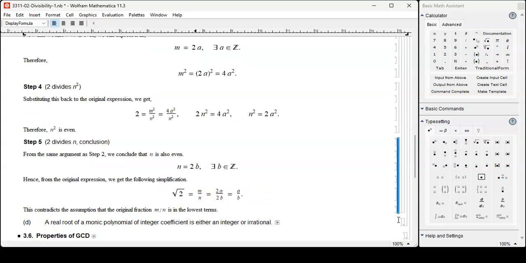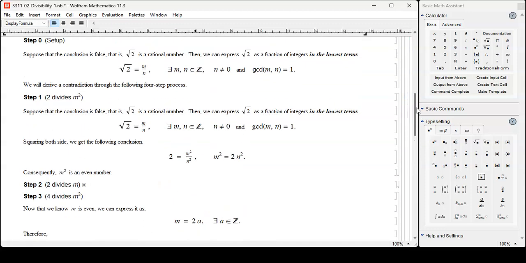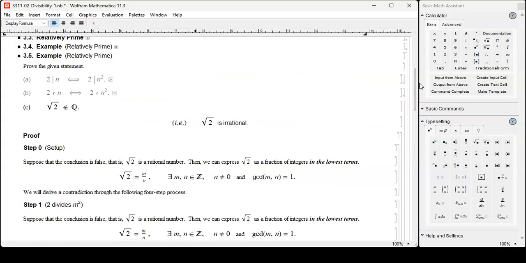Therefore, n is even as well. So what do we get? We get m even and n even. So we ended up with another fraction that is reduced even further. And there goes the contradiction, because we started from the lowest terms. It turned out it is not the lowest term. So we have the proof by contradiction completed.